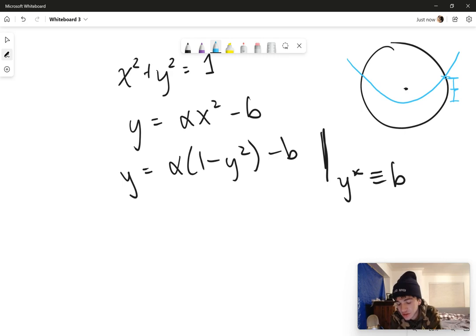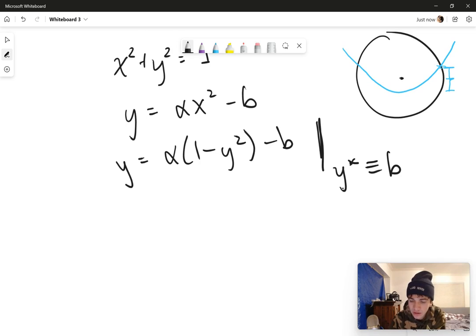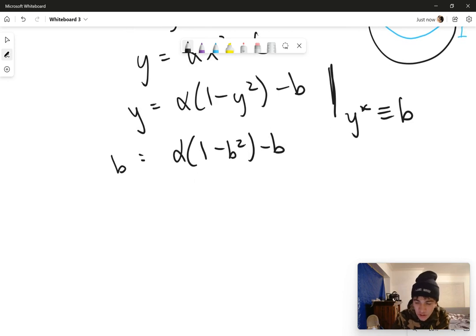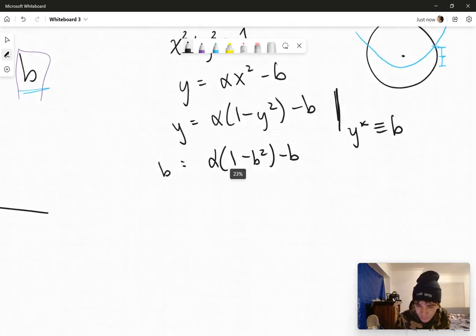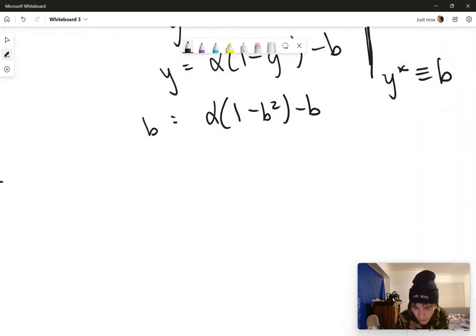So b squared plus 2 over alpha b minus 1 equals 0. And so b is equal to negative 2 over alpha plus or minus the square root of, plus 2.